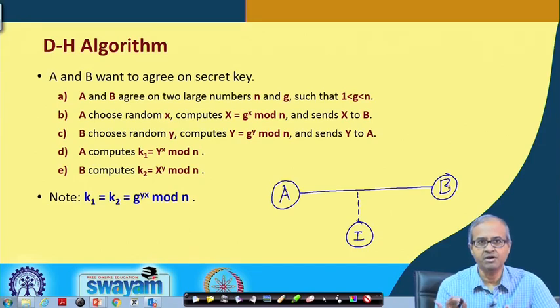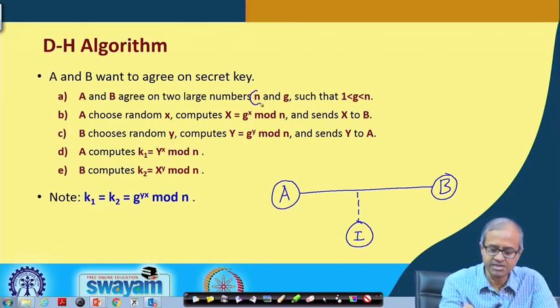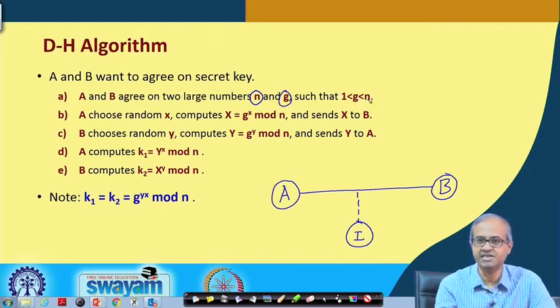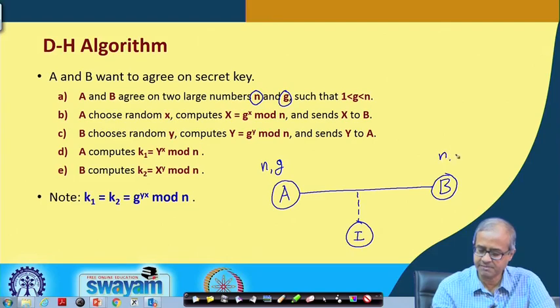This is our model and assumption. First, A and B agree on two large numbers n and g. g is of course less than n. So these n and g values are available to both A and B.